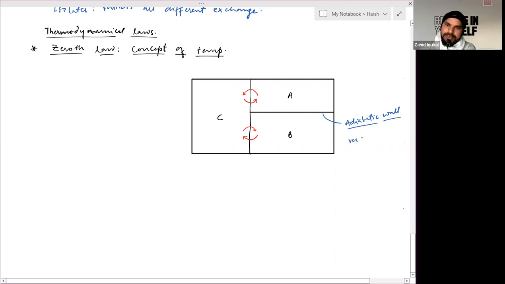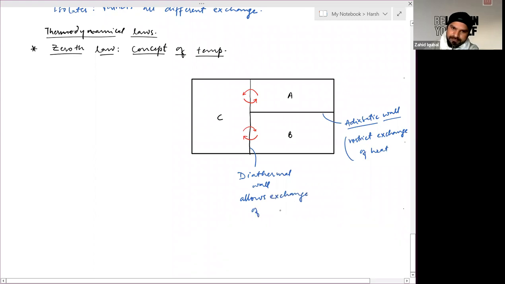So it will restrict exchange of heat through it. This is a diathermal wall, which allows exchange of heat through this particular wall.